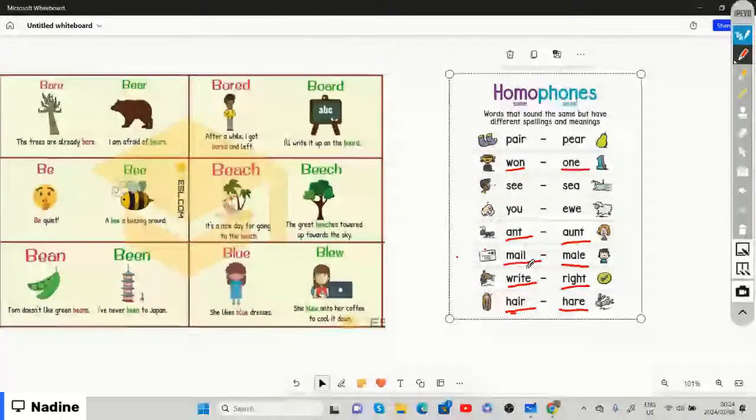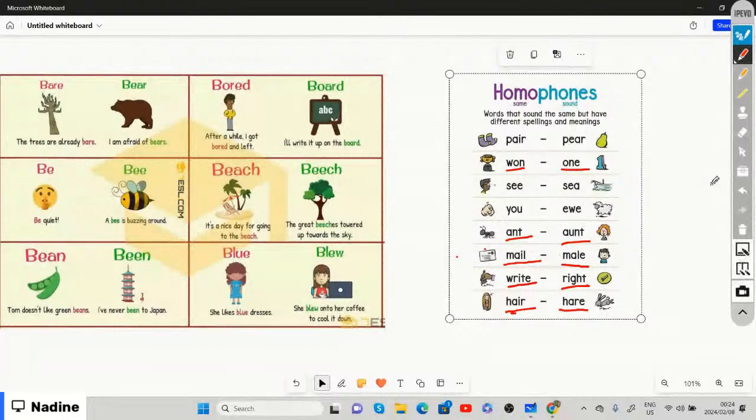Usually boys have shorter hair, girls either have longer hair depending. Even Ray and Shay, remember those words, it does not sound the same.